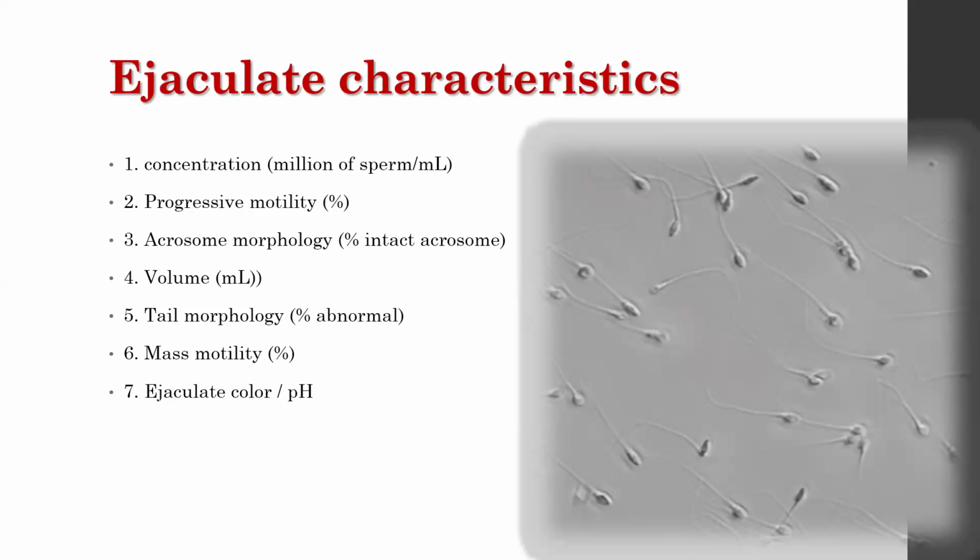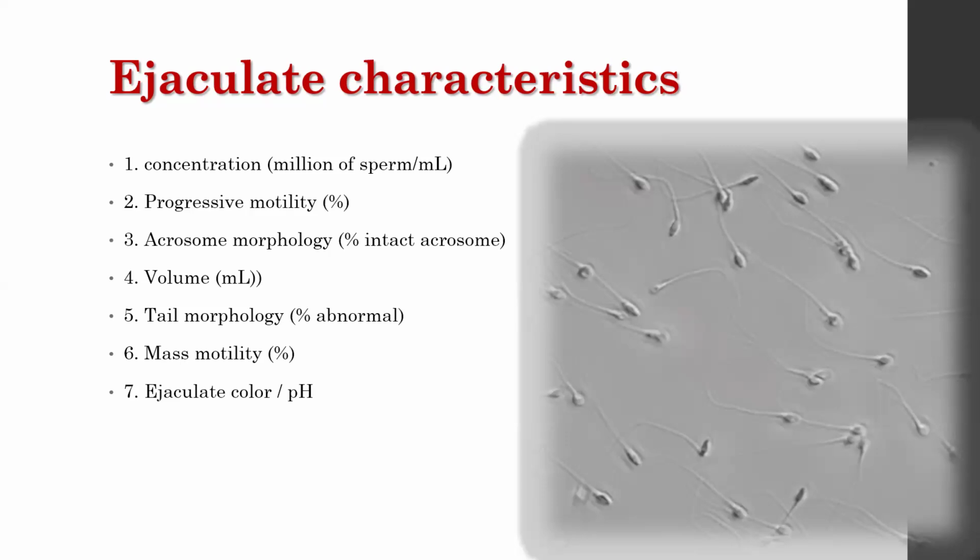In small ruminants, we get this semen ejaculate. Then we have to check the tail morphology, whether the tails are coiled or straight or have droplets, or are swollen or shrunken.